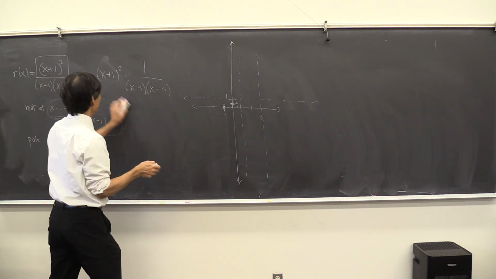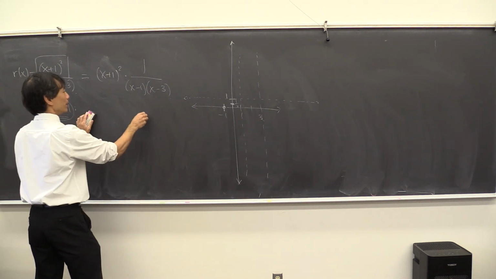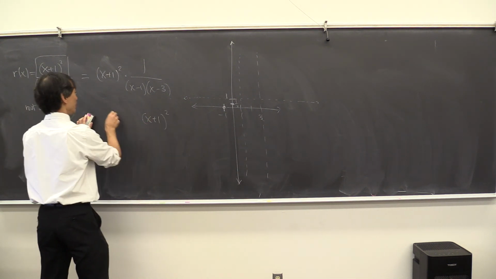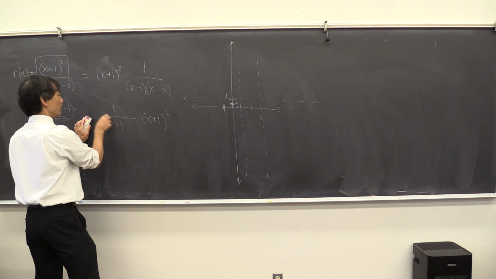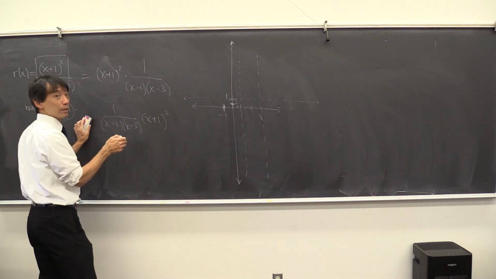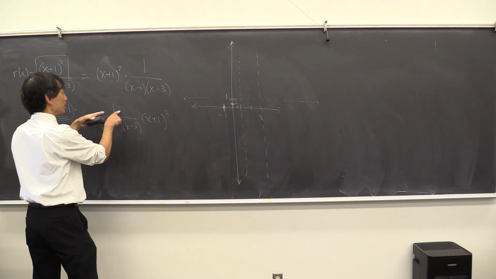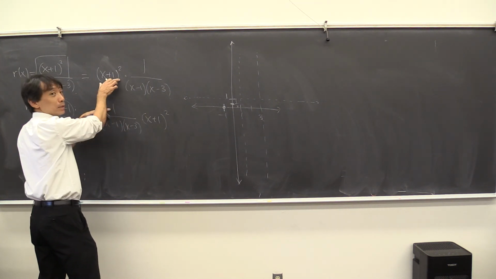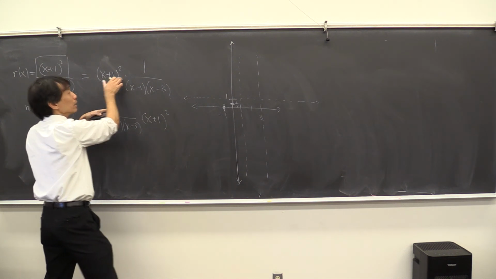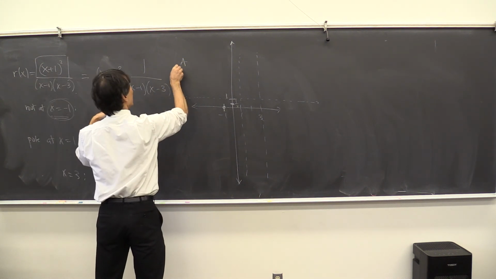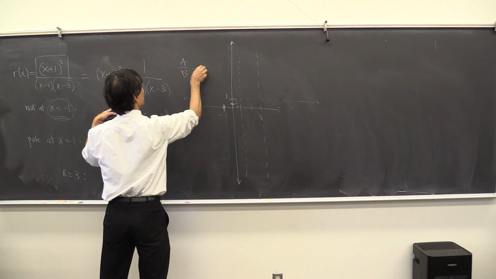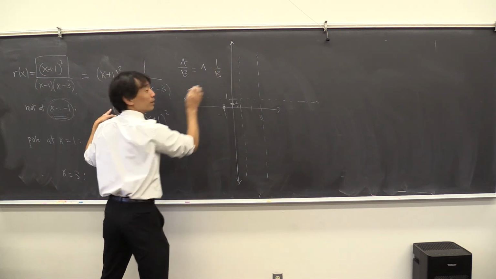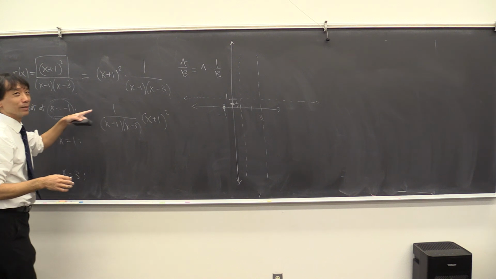That's all I've written here: the x plus 1 squared over here, and the 1 over x minus 1, x minus 3 over here. It's just like, if I write a over b, I could write it as a times 1 over b. That's all I'm doing.